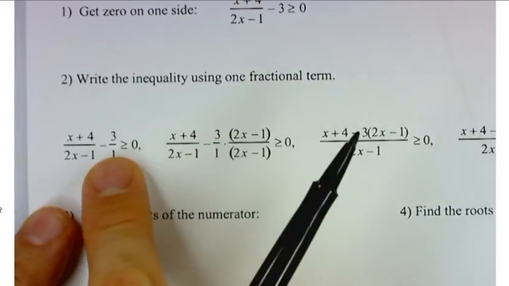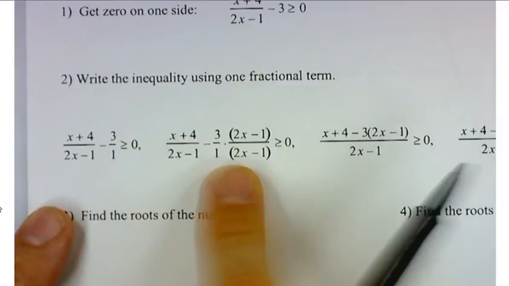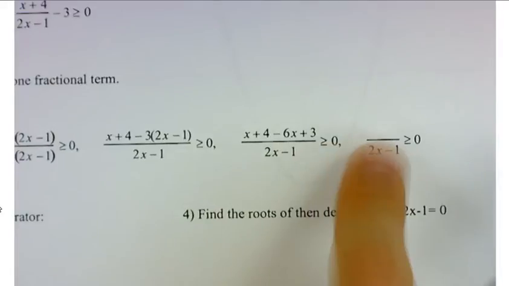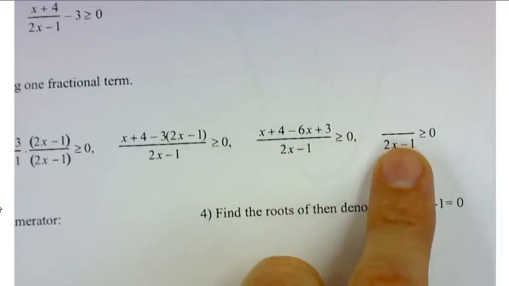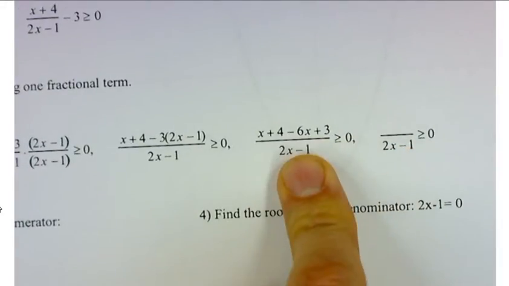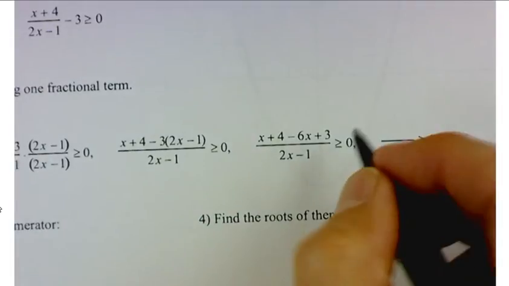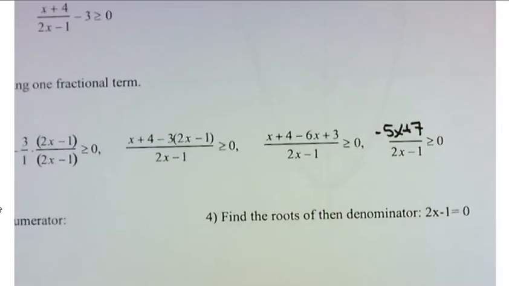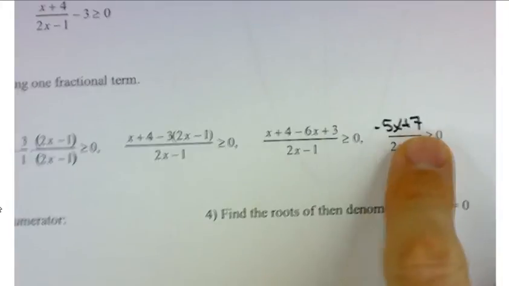So you write 3 as being 3 over 1, multiply, get a common denominator, collect like terms in the numerator. What expression am I going to get over here when I collect the like terms in the numerator? Thank you, negative 5x plus 7. So it's this expression that we're going to start our work with right here.